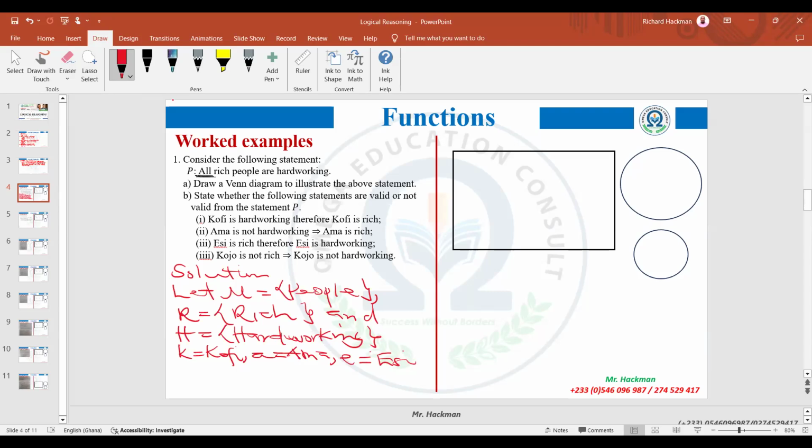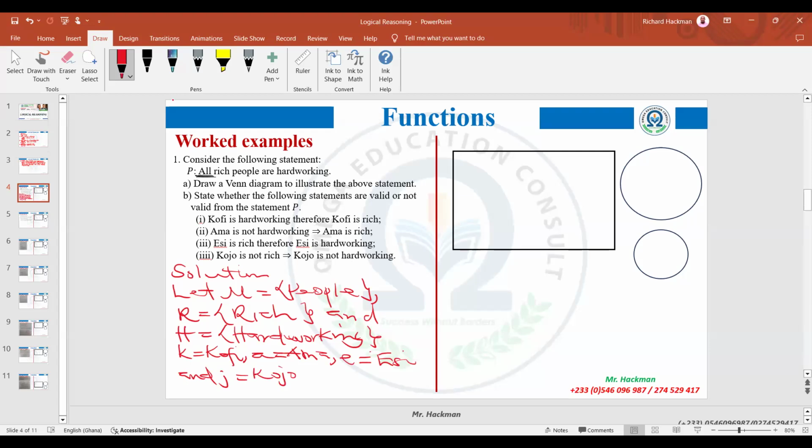So in this case, we'll skip O and go to the next one, which will be j. So small j will be for Kojo. Is my point well made?